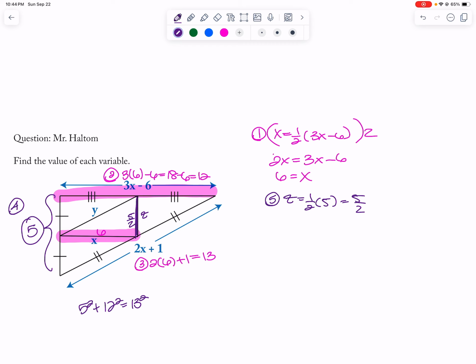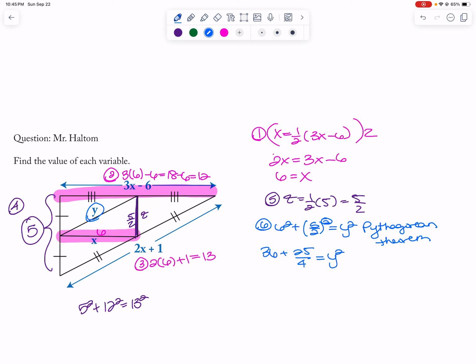And then I need to figure out what y is. Long roundabout way to find y. But step 6 would have been 6 squared plus 5/2 squared is equal to y squared, Pythagorean theorem. So 36 plus 25 over 4 is equal to y squared.